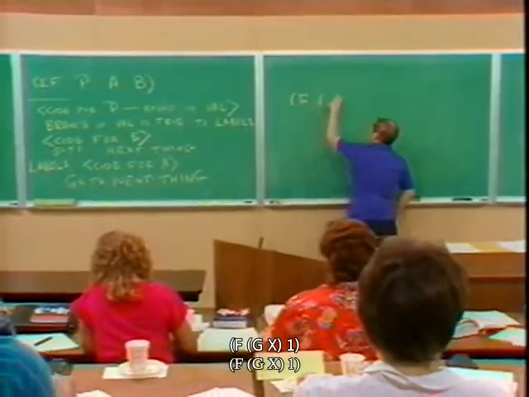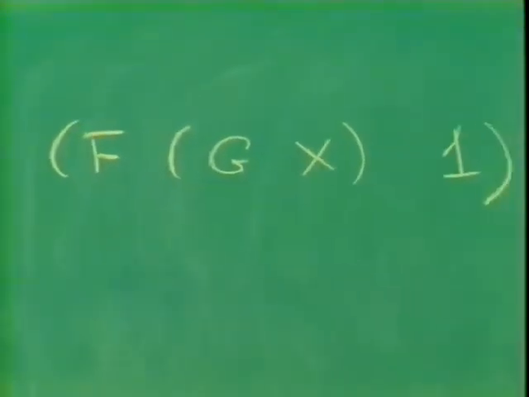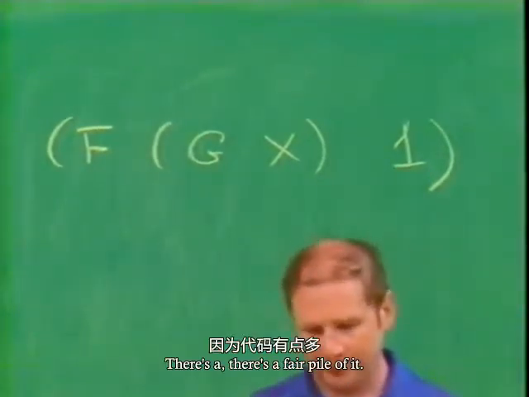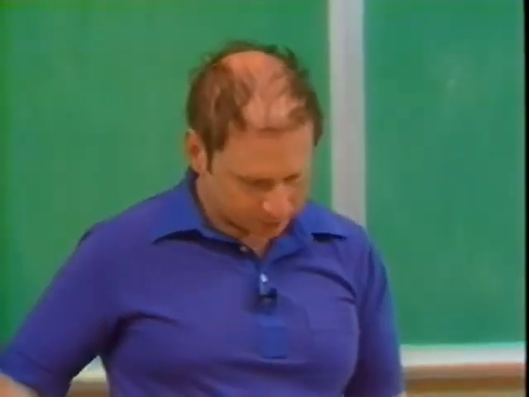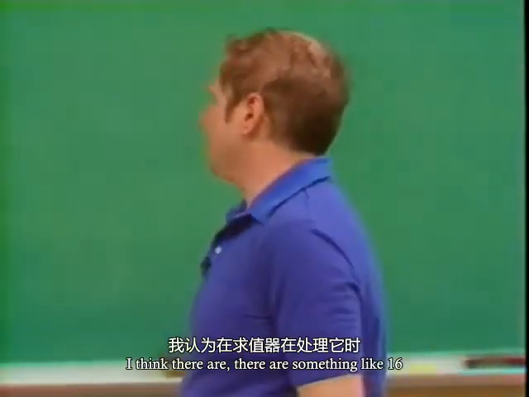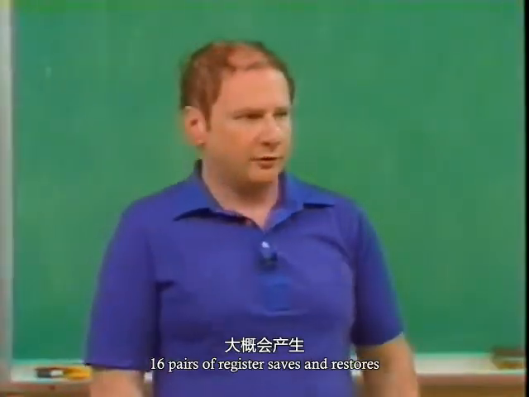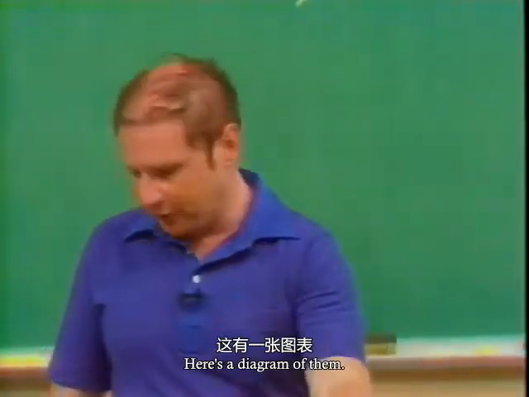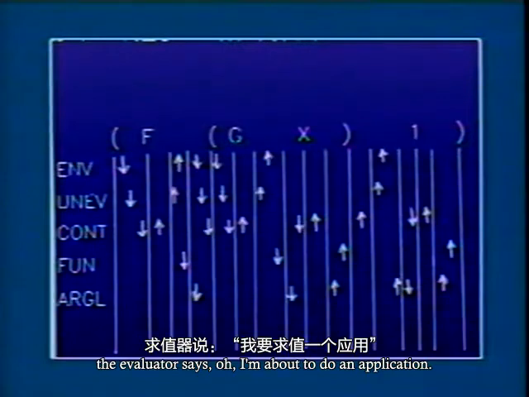That's f of g of x and 1. And I'm not going to go through all the code. There's a fair pile of it. I think there's something like 16 pairs of register saves and restores as the evaluator walks through that. Here's a diagram of them. So you see what's going on. You start out by, the evaluator says, oh, I'm about to do an application.